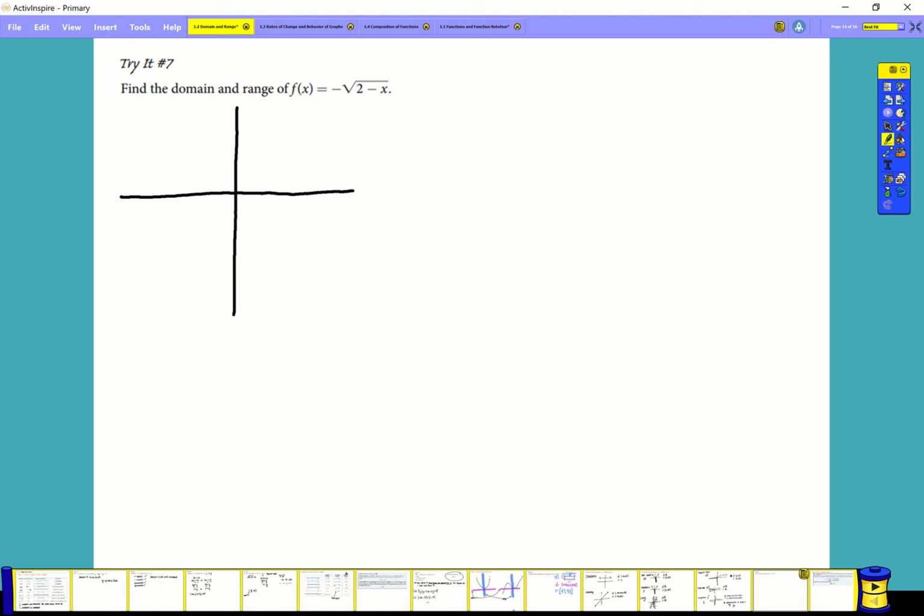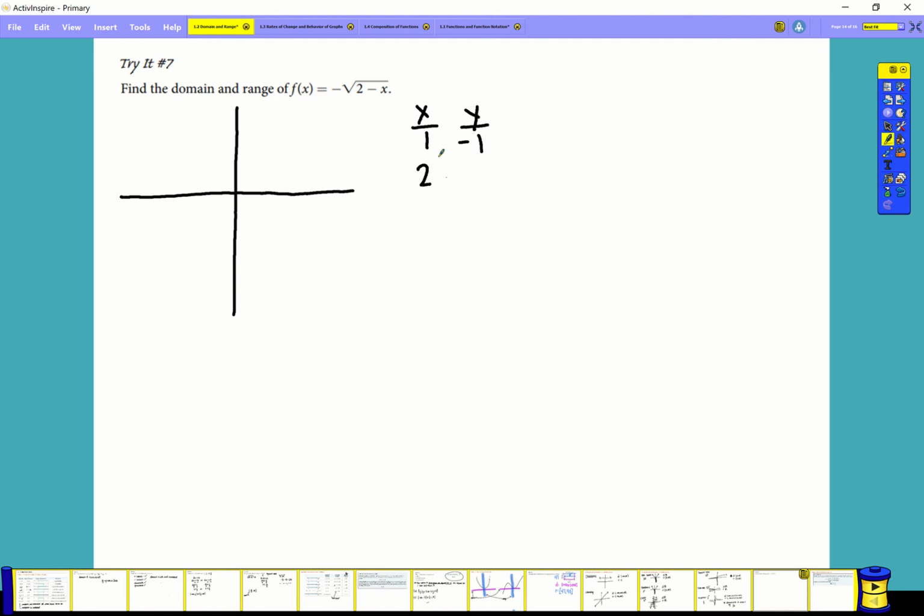That's usually a good way at this level. So I'm going to have x equals 1 and my y, so that means that I get 2 minus 1 is 1. So the square root of 1 is 1 and it's negative 1.